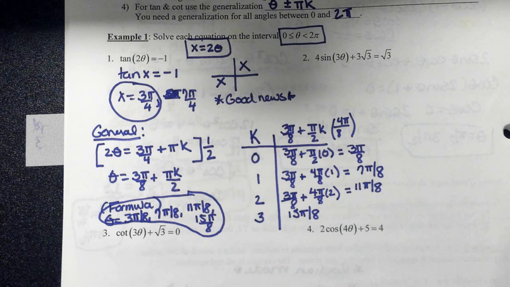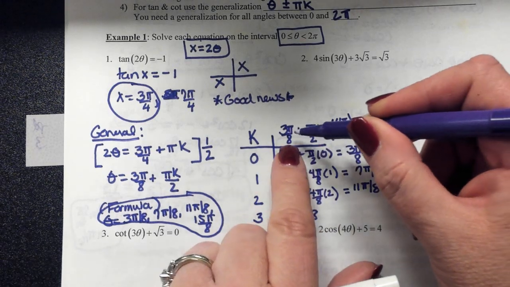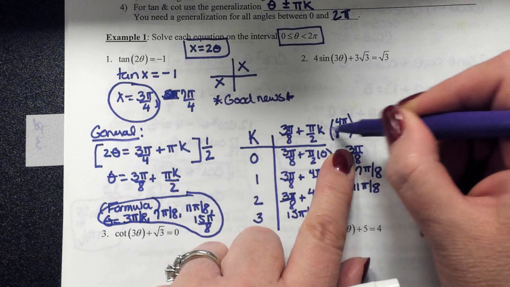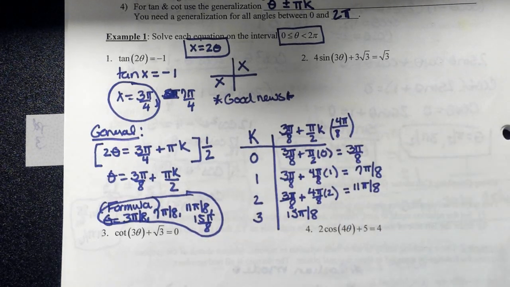Yes, Tony? How do you find 4 pi over 8 again? Just to make my adding of fractions easier, because I know I'm going to have to take 3 pi over 8 and add a pi over 2 to it. So a common denominator would be 8. So I just rewrote that. That just makes the addition simpler. And how did you get 11 pi?